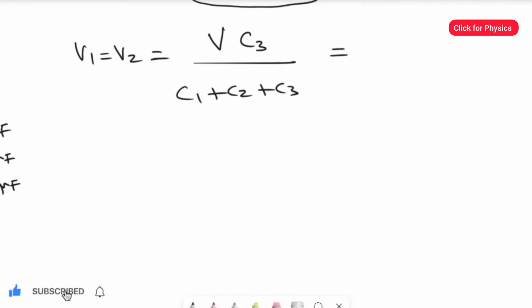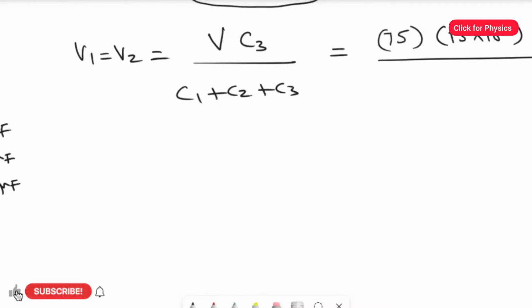Now I'm going to substitute the value: 75 multiplied by C3, which is 15 microfarad, so 15 multiplied by 10 power minus 6, divided by 10 plus 5 plus 15. Because all three are micro, I can just multiply by 10 power minus 6.